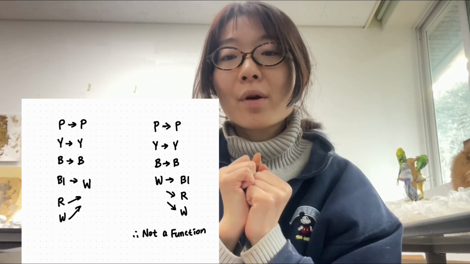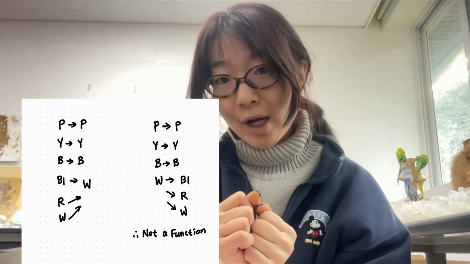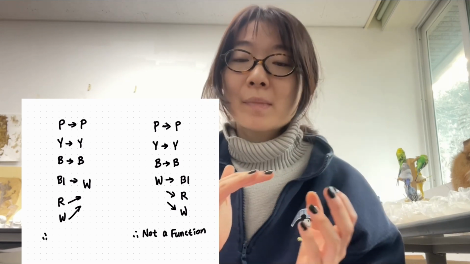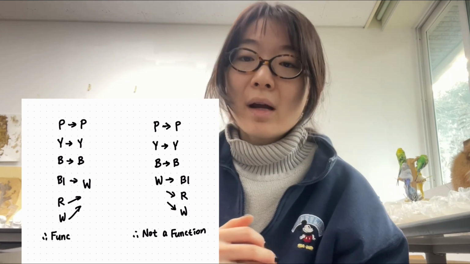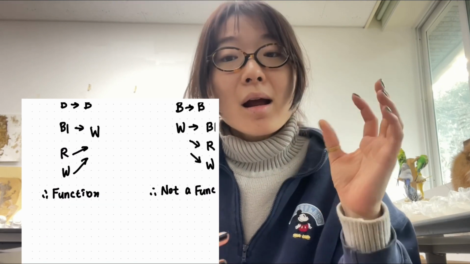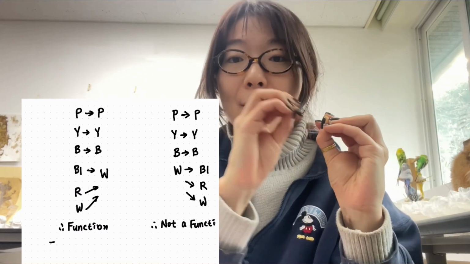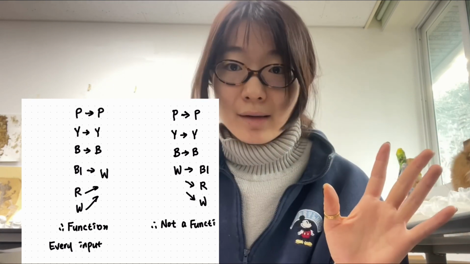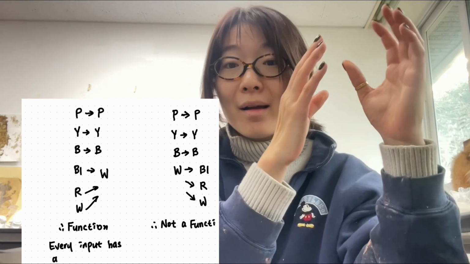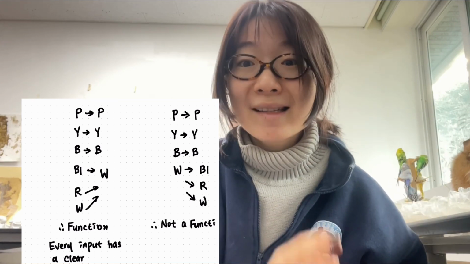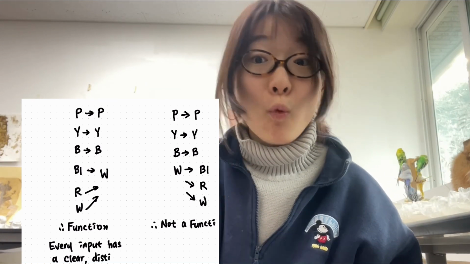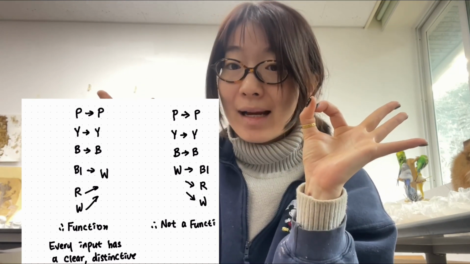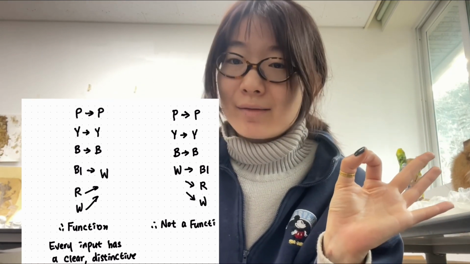We know that in order for us to have a function, we need to make sure that every input comes with a clear output. So that means an input with multiple outputs is not a function, but multiple inputs that give one same output is okay. That's a function.